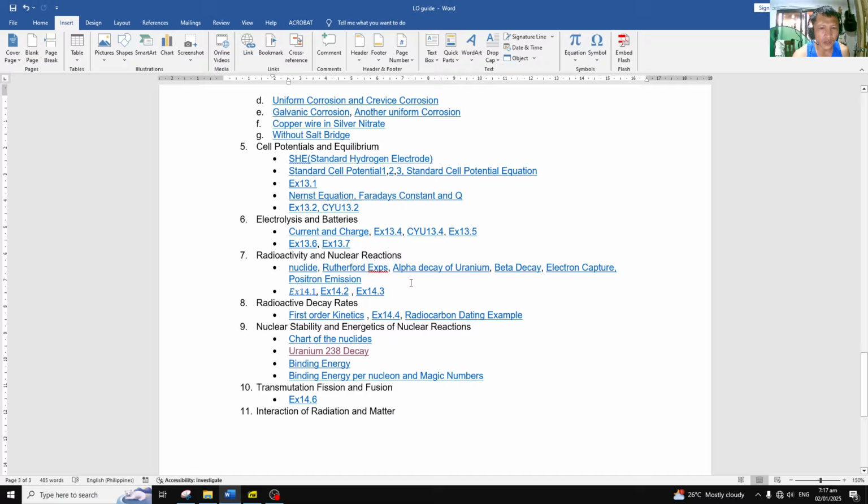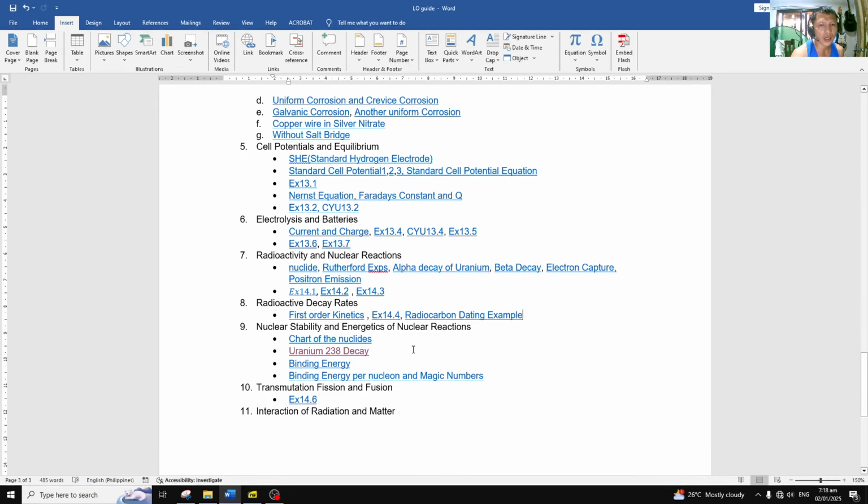I think I should group it as those three, and the first one is radioactivity and nuclear reactions. The next one is radioactive decay rates, talking about half-life, radiocarbon dating, the kinetics of that. And then you have nuclear stability and energetics.